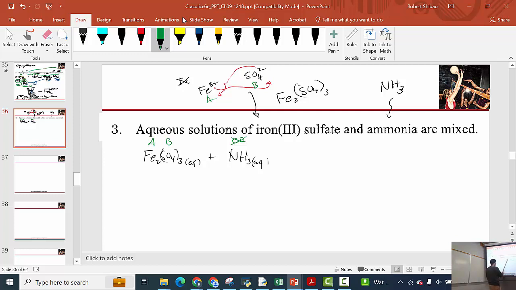And so this does not look like a double replacement reaction. So it appears it doesn't fit. Metathesis are ion combinations. Ammonia is not an ion.